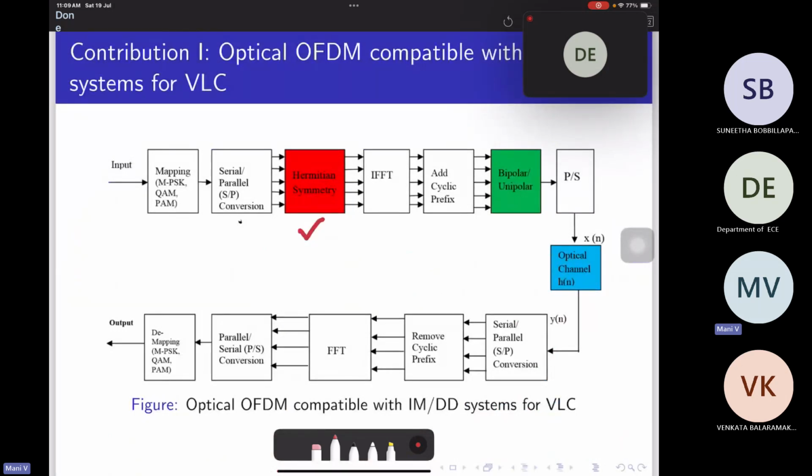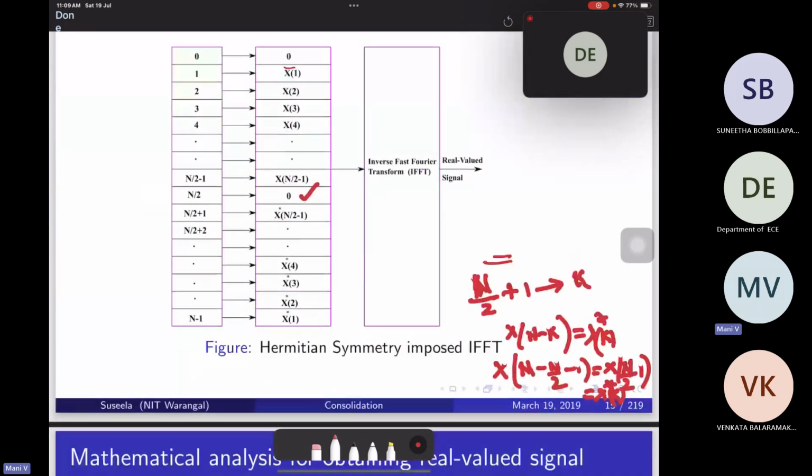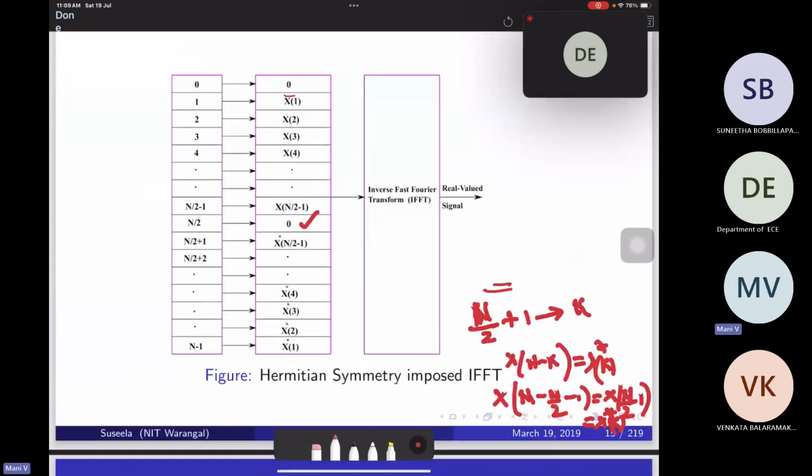What is Hermitian symmetry? So this Hermitian symmetry, look at the waveform. So I am using N orthonormal carriers. So everyone can write down, we are using N orthonormal carriers. So the representation of the N orthonormal carriers, generally we represent 0 to N minus 1. Okay.